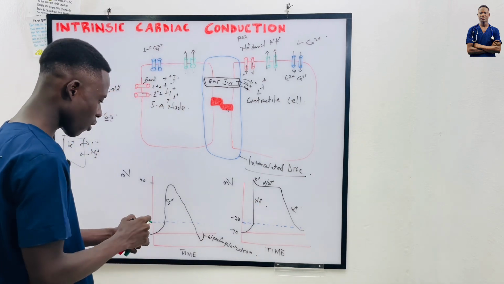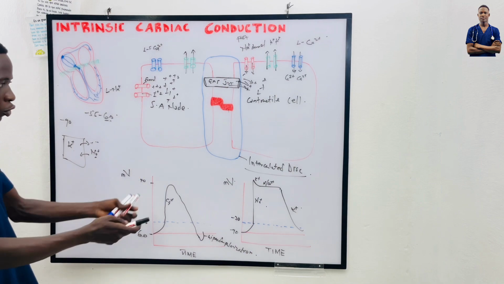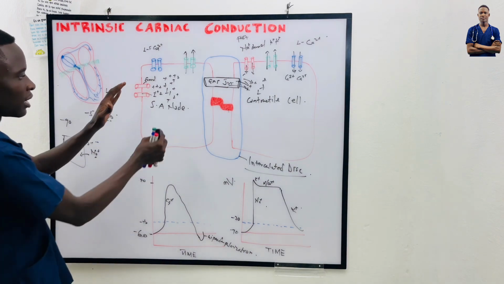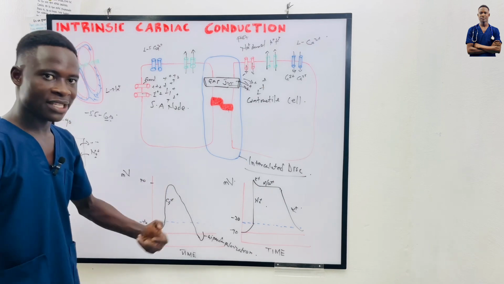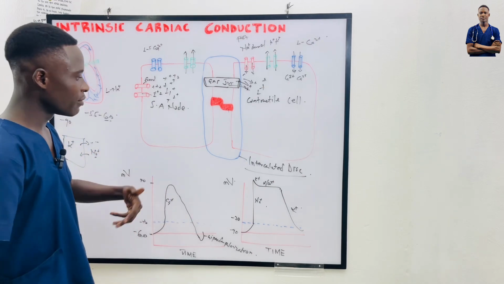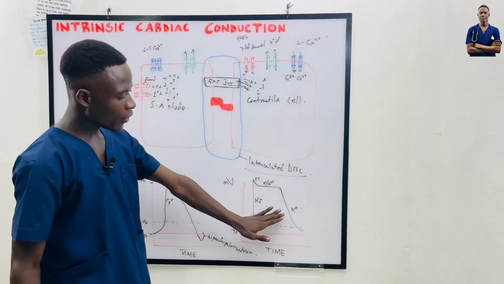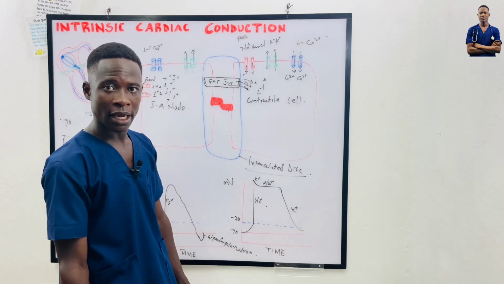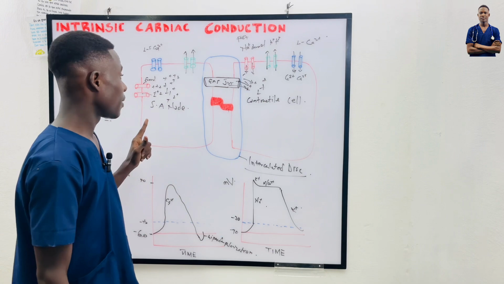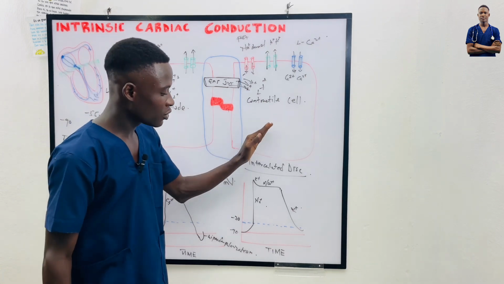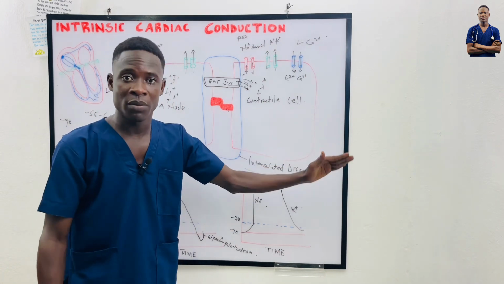So this is how the whole process is. This one will always be generating its electrical impulse, because when you bring it back, it will stay there unless there's an external signal that causes it to generate another action potential.